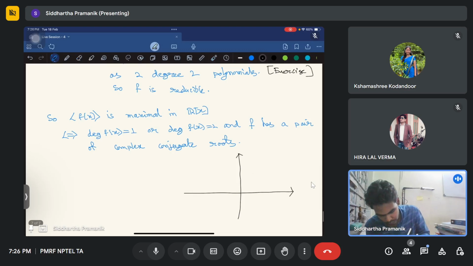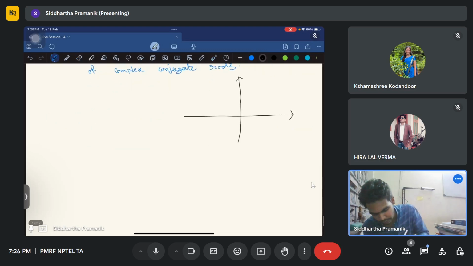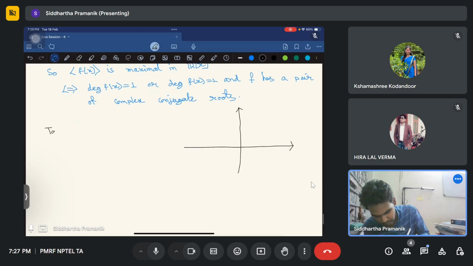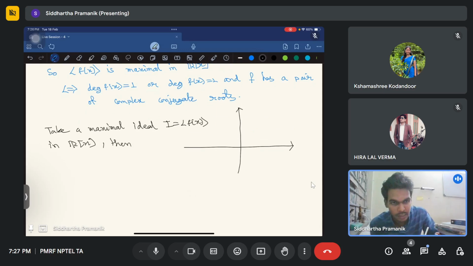So you just take a maximal ideal I generated by f(x) in R[x]. Then we can associate a complex number with this, right?